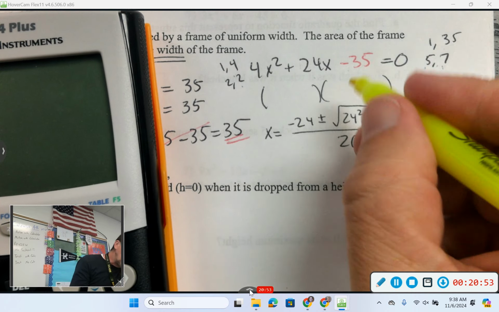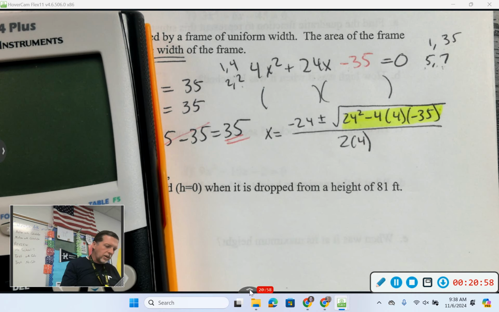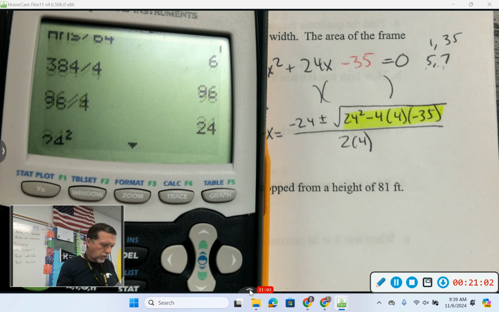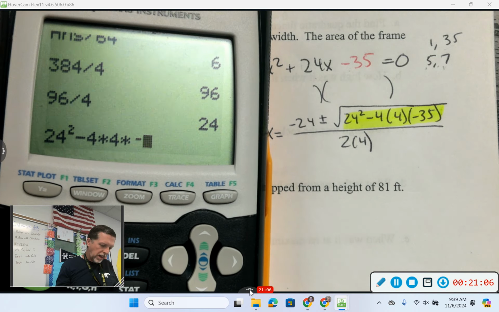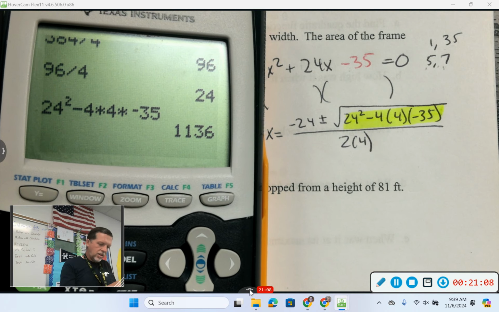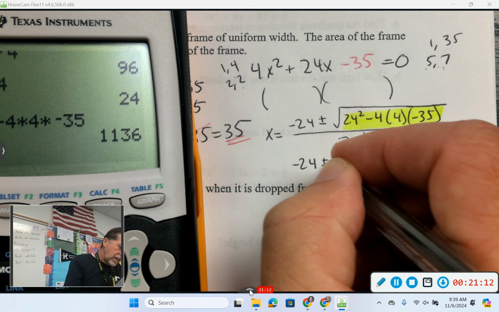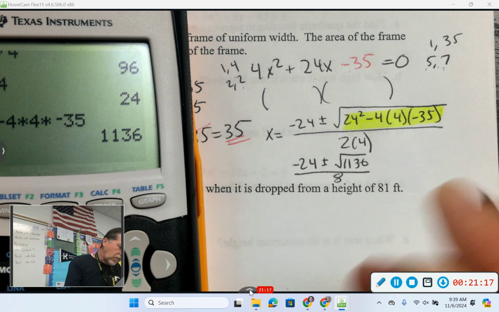Again, I do want to do the discriminant first because that'll tell me what's going on here. 24 squared minus 4 times negative 35. So that's a positive 1136 all over 8.